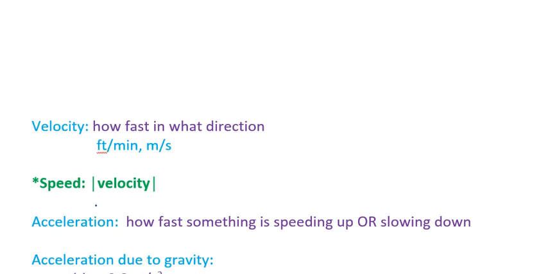Something else that comes up is speed. Speed, I'm saying, is the absolute value of velocity because it's just the amount, the speed that you're going, how fast you're going. Direction is not factored in. A negative velocity would mean like going left or going down. Things that we put a negative in front of kind of make sense directionally.